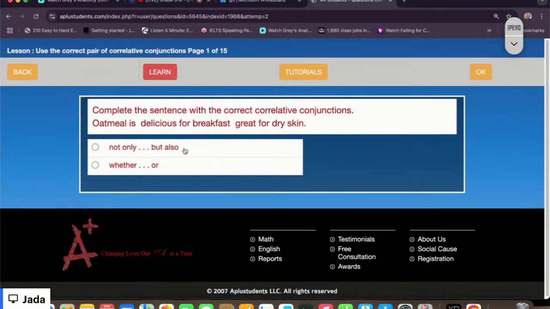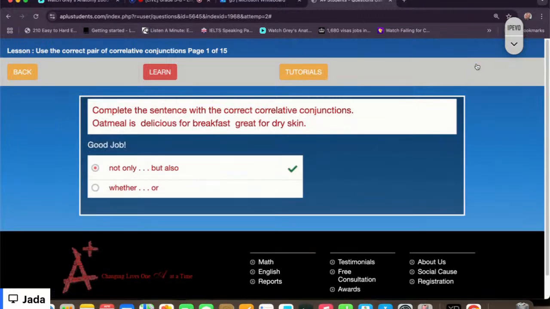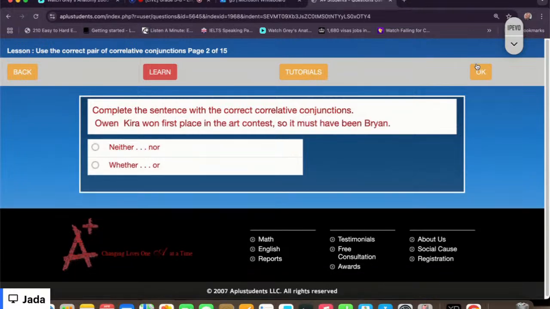We have not only but also. This shows that each is true, because oatmeal is delicious and good for dry skin.